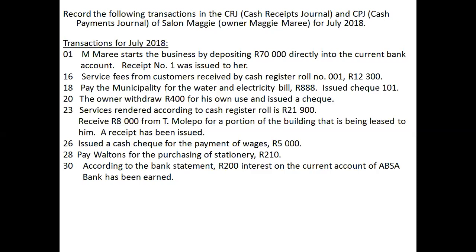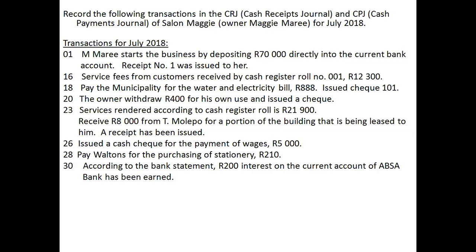And then on the 30th, according to the bank statement, 200 Rand interest on the current account of Absa Bank has been earned. Okay, strange transaction here. So it's about an interest that you received. If you receive something, it must go to the CRJ.